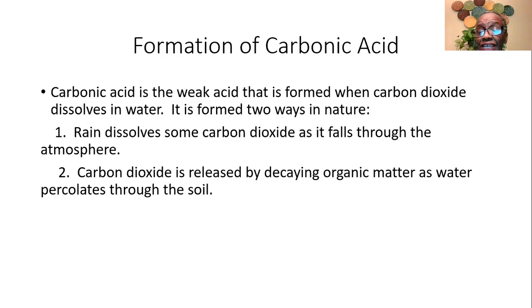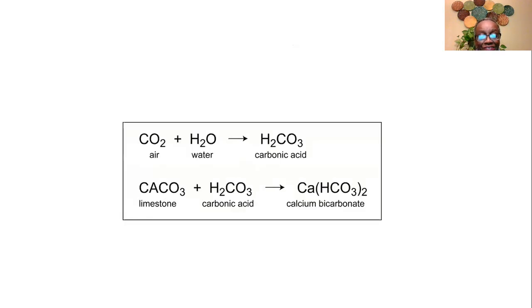Also, when organisms die and decay, they release carbon dioxide, and when the water percolates through the soil, carbonic acid is also produced. So two things are required for the production of carbonic acid: carbon dioxide, and then we need water. And here's an equation.